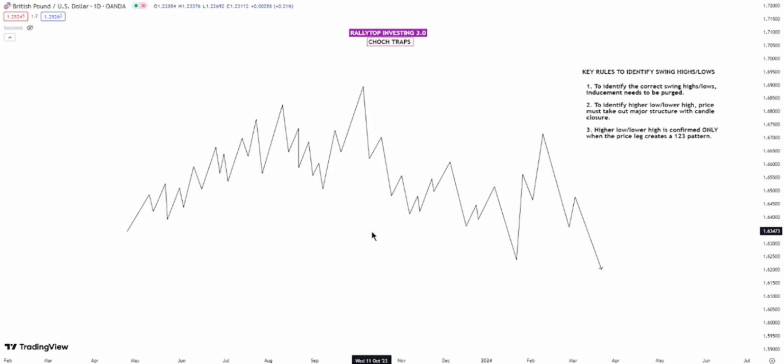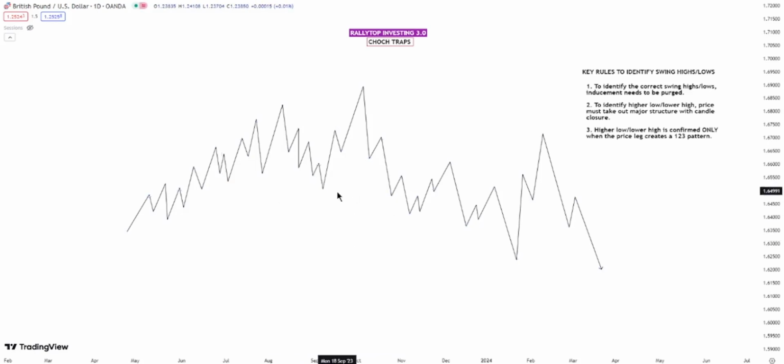Number two rule: to identify a higher low or lower high, price must take out major structure with candle closure. Take note of this. I'm going to show you all of that in this diagram. Number three rule: a higher low or lower high is confirmed only when the price leg creates a 1, 2, 3 pattern. All right, now let's get to the chart.